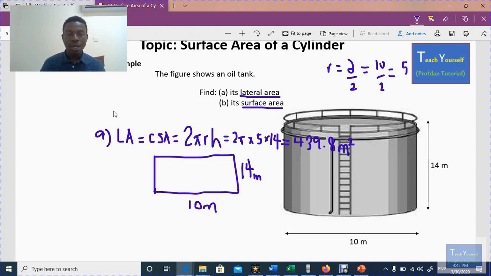Secondly, if we are to look for the total surface area, remember, total surface area is 2 pi r into h plus r, the simplified form.